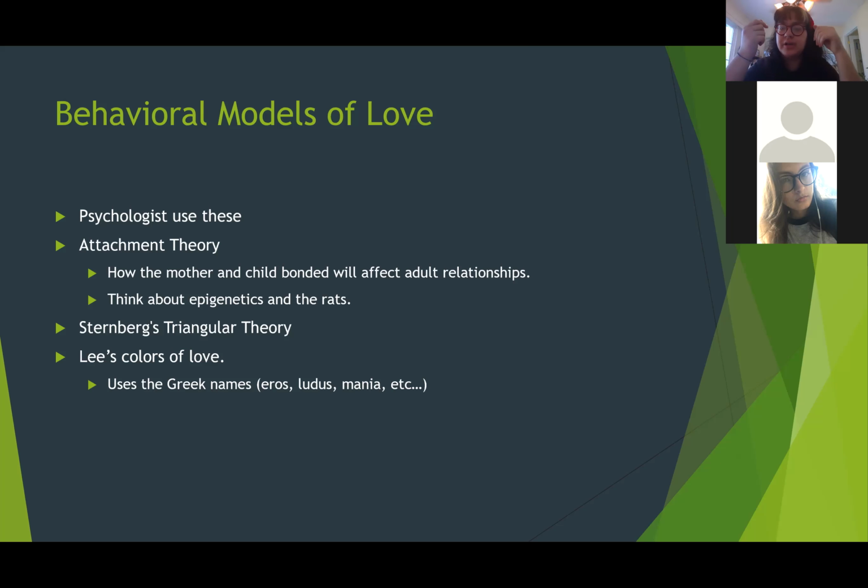And you will see it also in other classes, like I'm taking marriage and family right now, and they talked about Sternberg's faces of love. And then Lee's colors of love. So this researcher, I could be wrong, but I think he's a psychologist, brought his patients in and determined, oh, this is your color of love, and then told the couple if they were compatible or not.